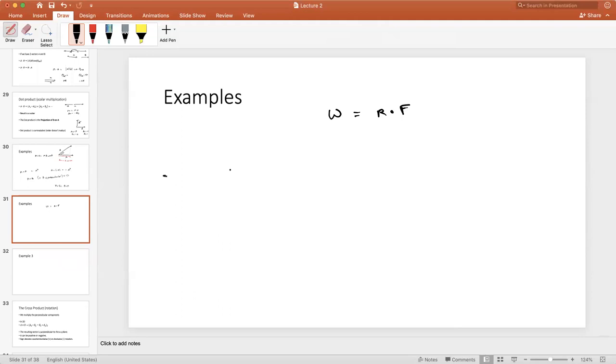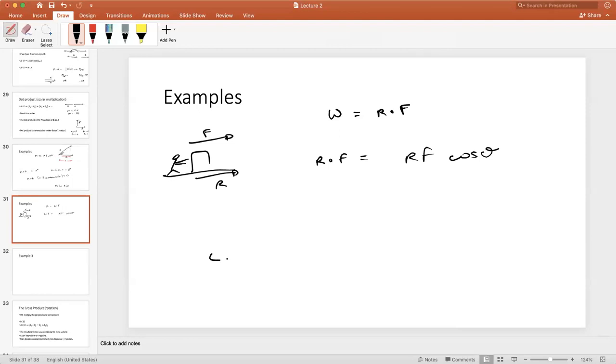So if I'm a human pushing this box with some force, and it travels some distance r.